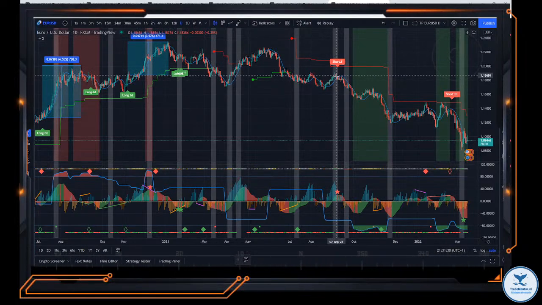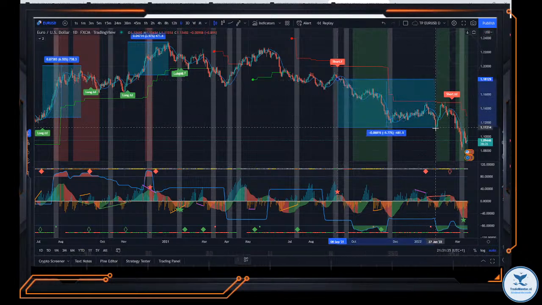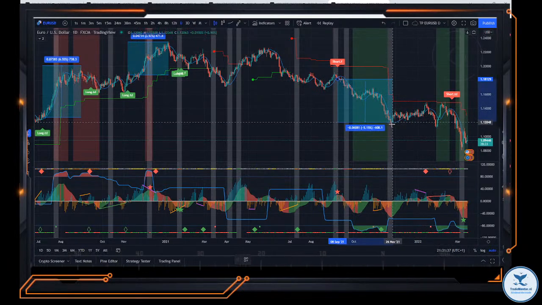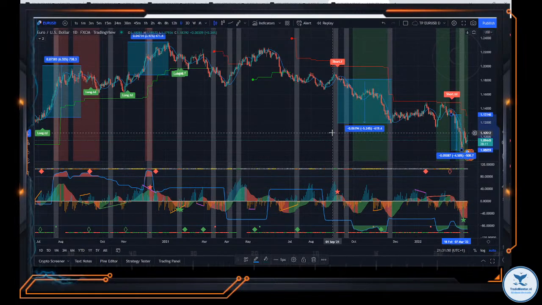But then, yeah, these shorts were absolutely nailing it. You probably would have exited somewhere here. So these last two shorts were really nailing Euro USD. Very solid ones.